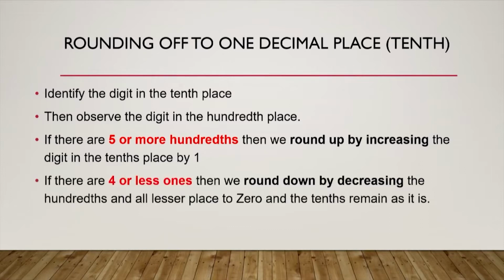If there are 4 or less hundredths, then we round down by decreasing the hundredths and all the lesser places, because you should know by now, as you move right, the place value becomes less. If you move from left to right, you decrease by the power of 10 for each place. Good. So you replace all those with zeros, and the place that you're rounding off to, in this instance the 10th place, remains unchanged or as is.